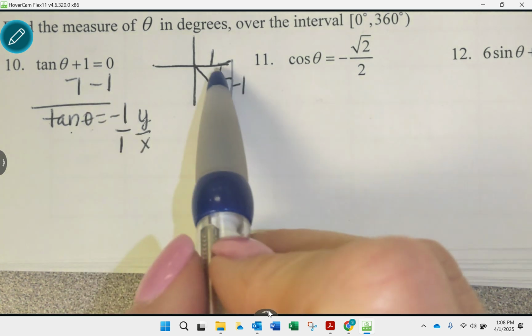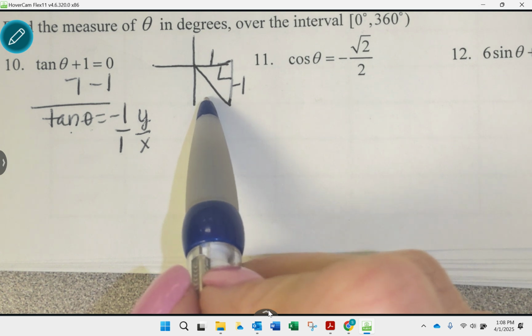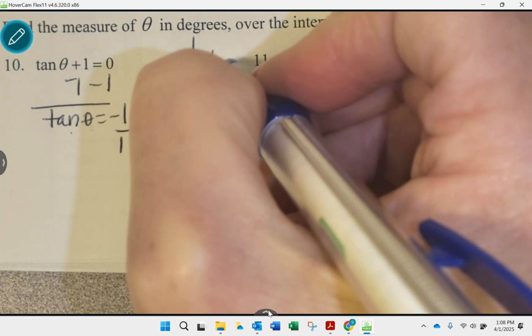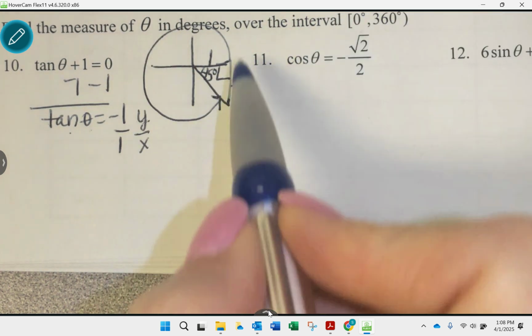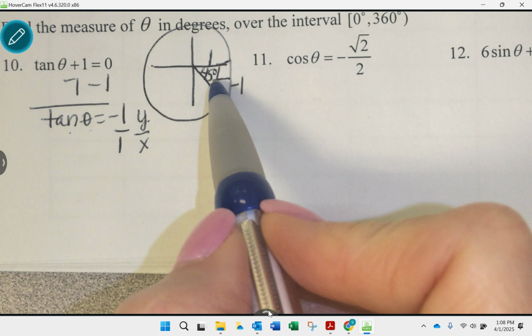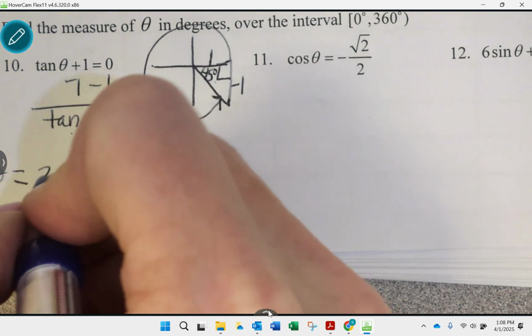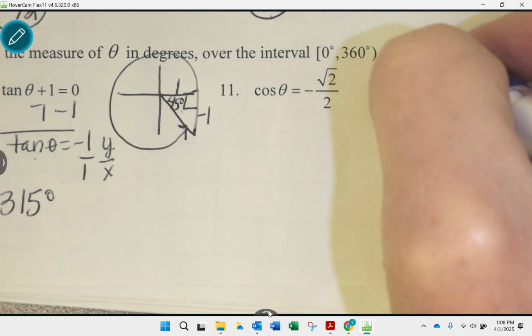What is the angle theta that has that 1, 1? 45 degrees. But if we're in that quadrant, it's going to start here and go around like that. So it's going to be 360 minus 45. So what's it going to be? 315.